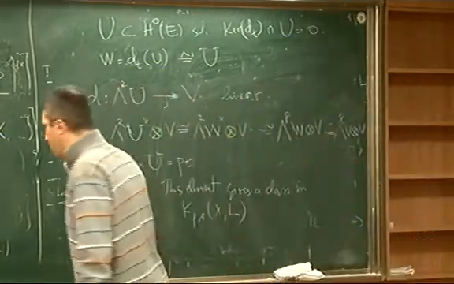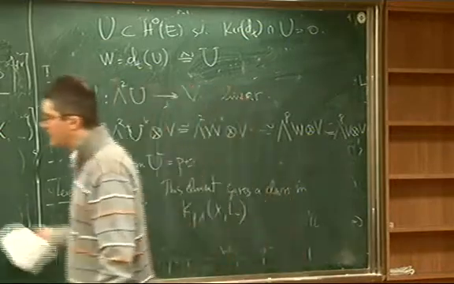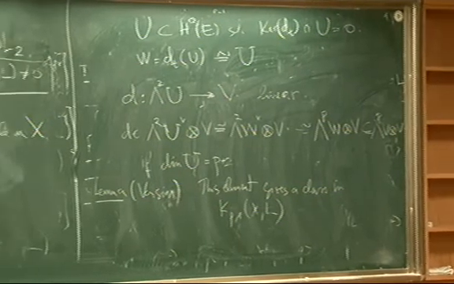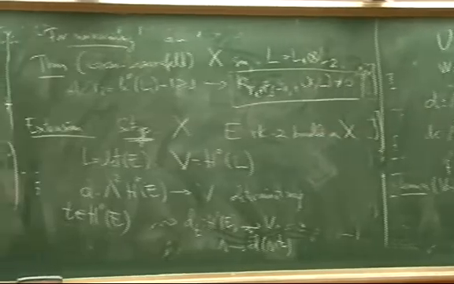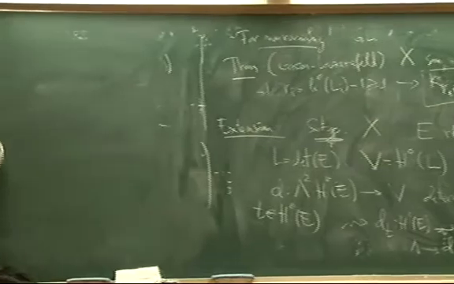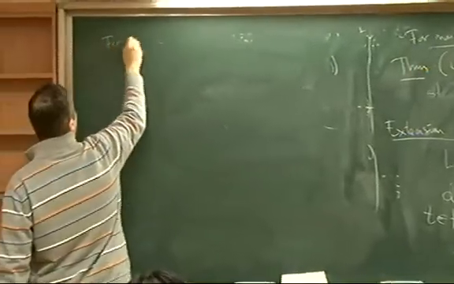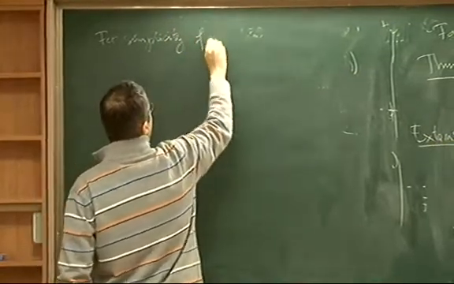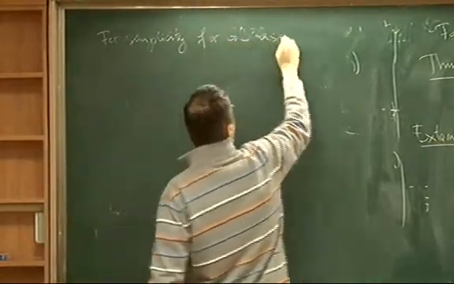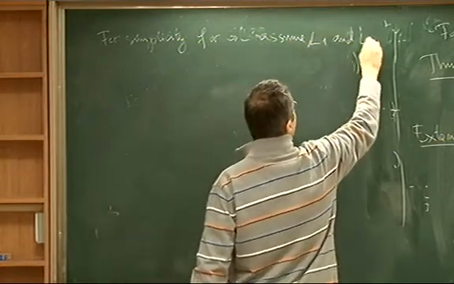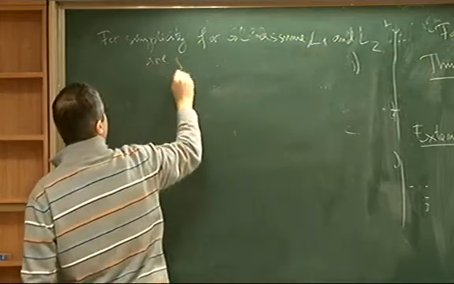Now how does it work in the case of Green and Lazarsfeld? Just for simplicity, for GL, assume that both L1 and L2 are globally generated.